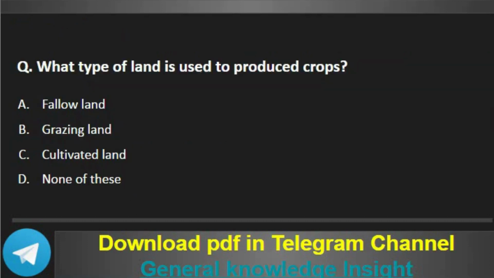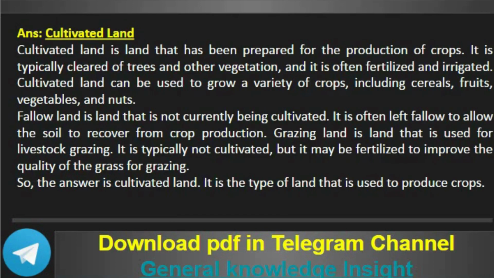Next question, what type of land is used to produce crops? Correct answer option C, cultivated land. Here, cultivated land is the land that has been prepared for the production of crops. It is typically clear of trees and other vegetation, and it is often fertilized and irrigated. Cultivated land can be used to grow a variety of crops, including cereals, fruits, vegetables, and nuts.